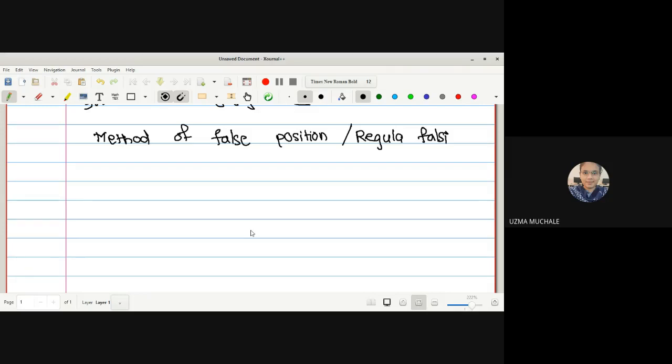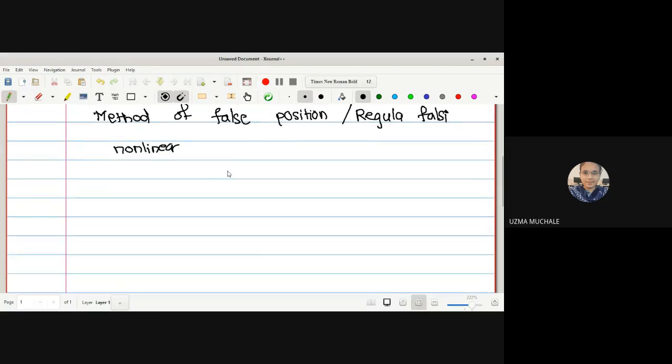Actually, this is the oldest method for finding the root of any nonlinear equation. Nonlinear means the degree is greater than 1. It is closely related to our bisection method, and it is also called regula falsi or false position method. The name itself suggests that first we find the false position of our root, and then depending on that false position we find the exact root of the equation.